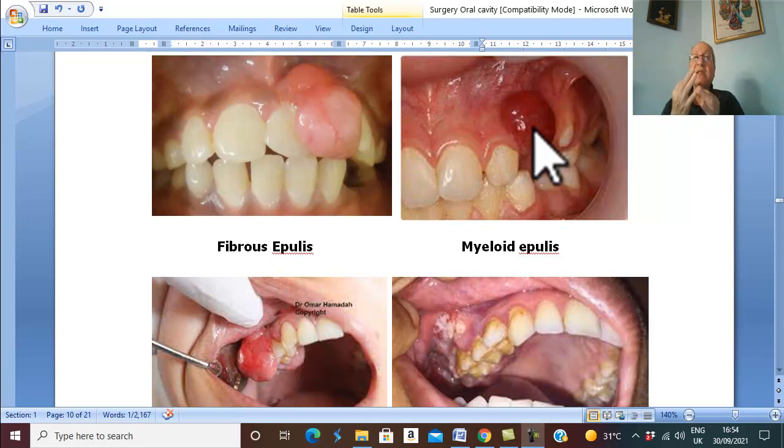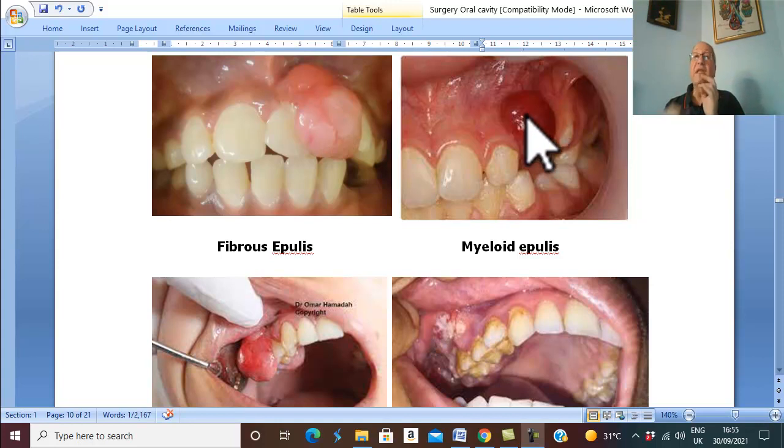We should take care that the periosteum contains a layer of osteoclasts, another layer of osteoblasts, and another layer of fibrous tissue. Therefore, from the fibrous tissue of the periosteum and the submucosa of the gum arises the fibrous epulis.